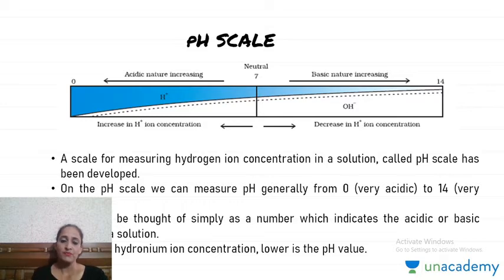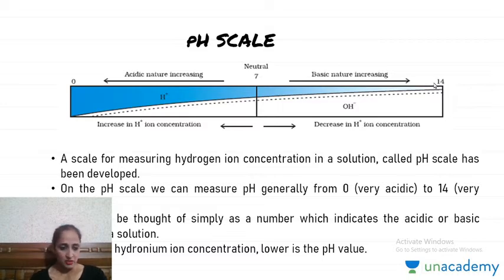So from 0 to 7, that is acidic in nature. 7 is considered as neutral, and anything above 7 to 14 is considered as basic in nature.